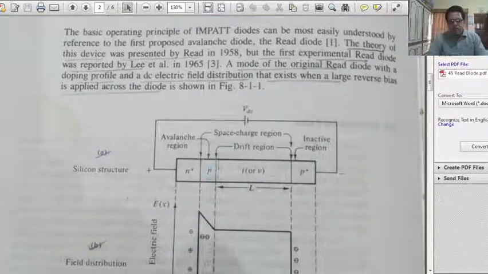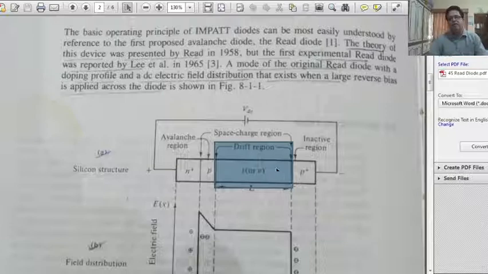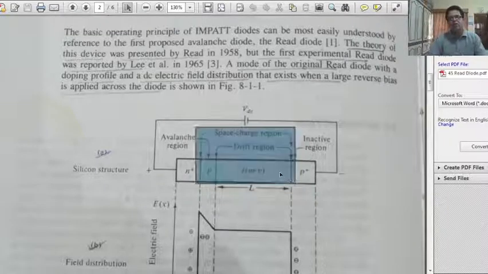This is the region known as the avalanche region. And this region is known as the inactive region, the heavily doped region. And this region is known as the drift region. And this region is known as the space charge region.